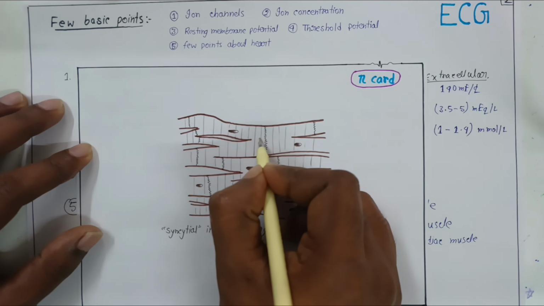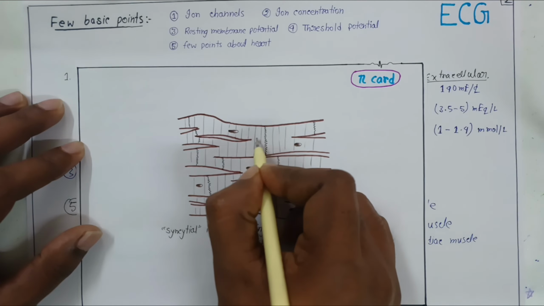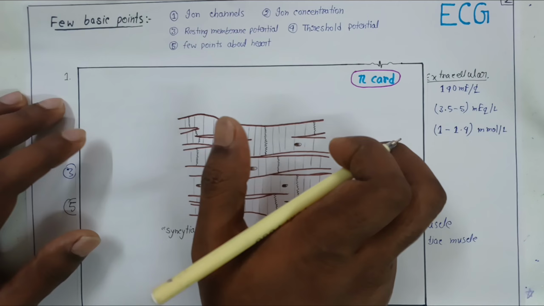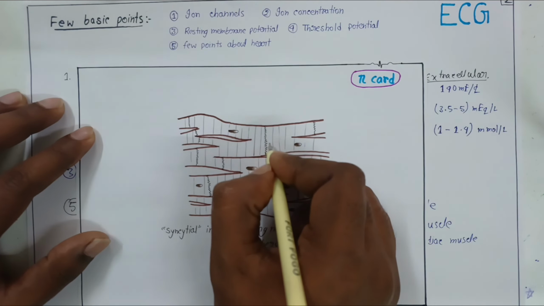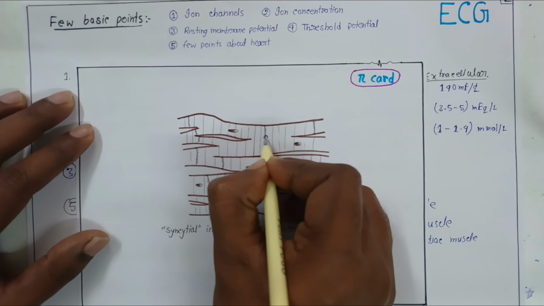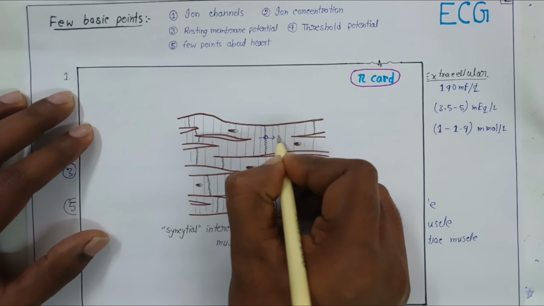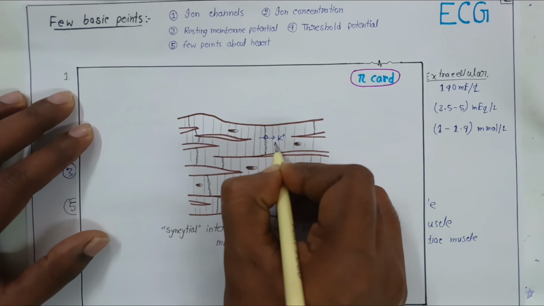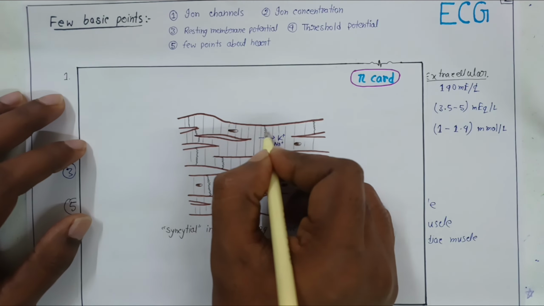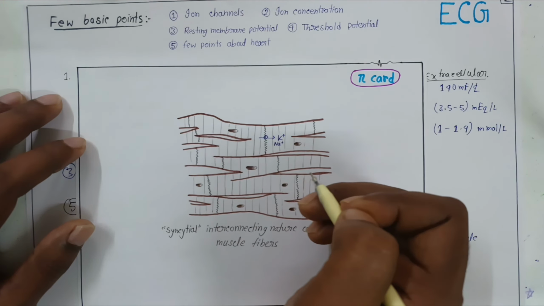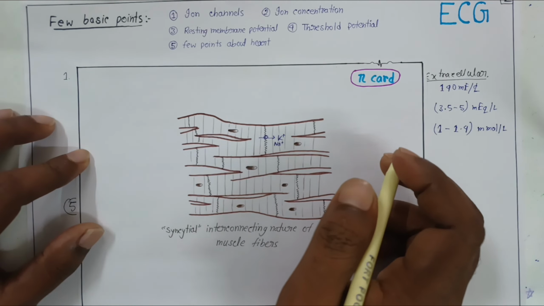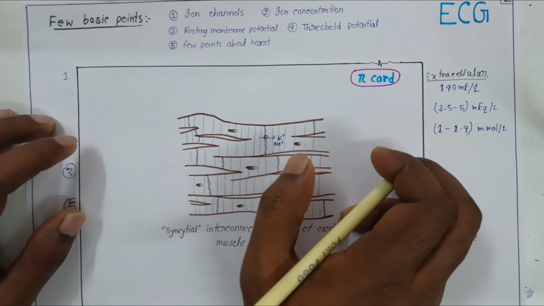That allows ions to pass through this barrier. That is known as gap junctions. So intercalated discs contain gap junctions. Here you can see ions like potassium ions, sodium ions can easily pass through the intercalated discs. We will discuss the gap junctions and their use.